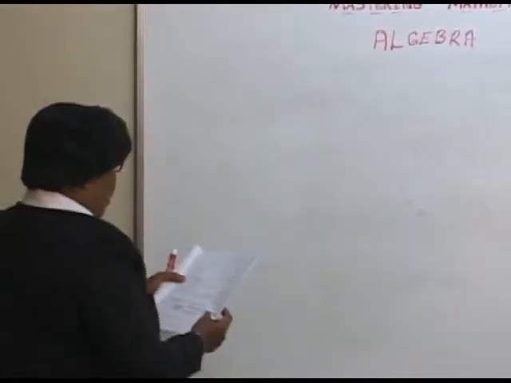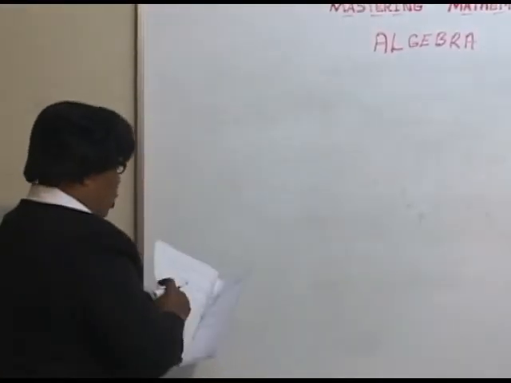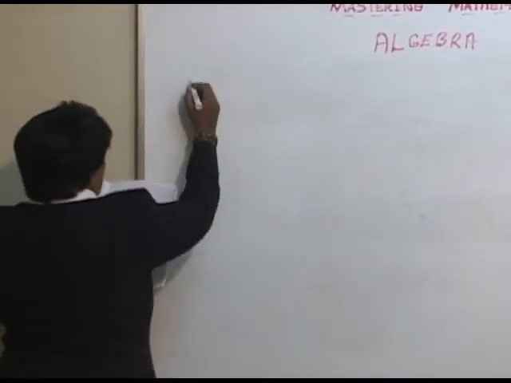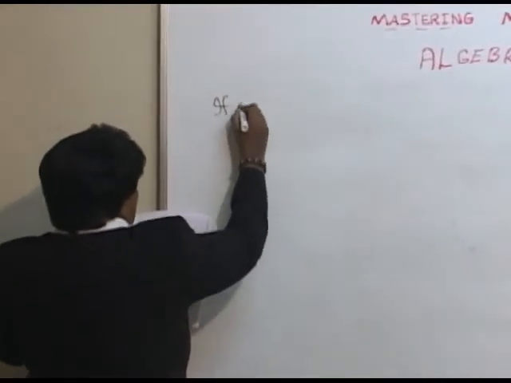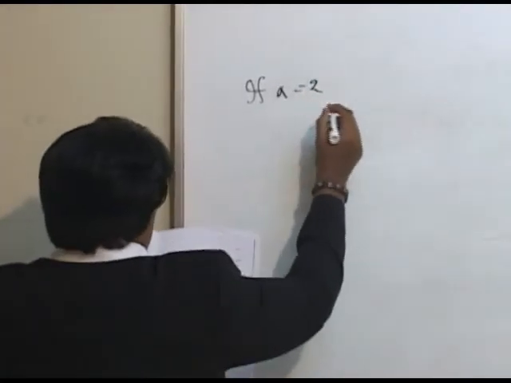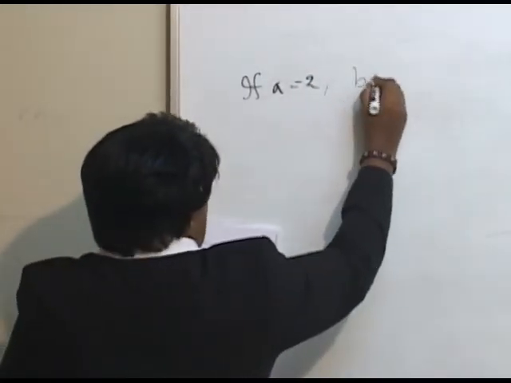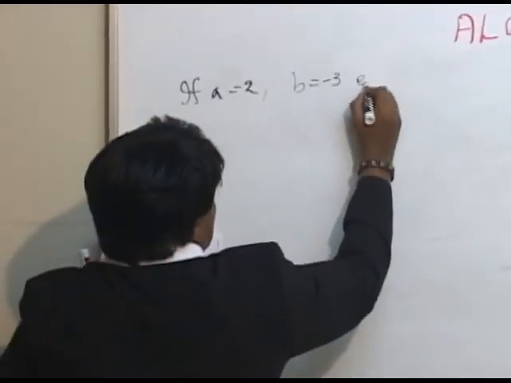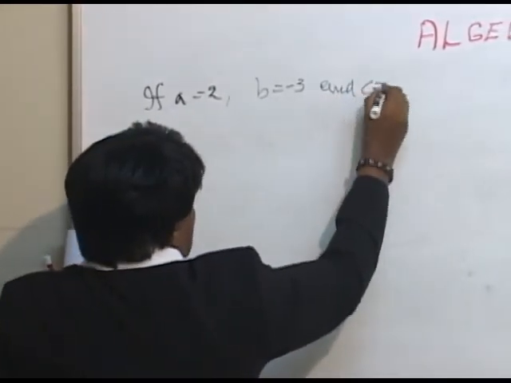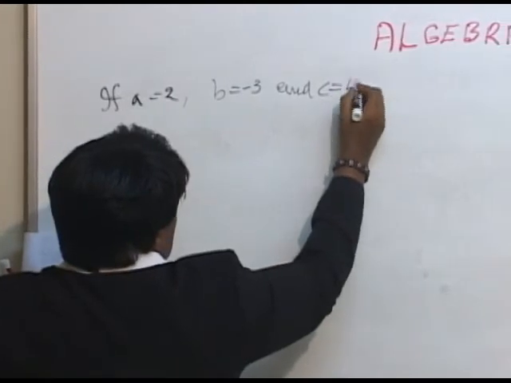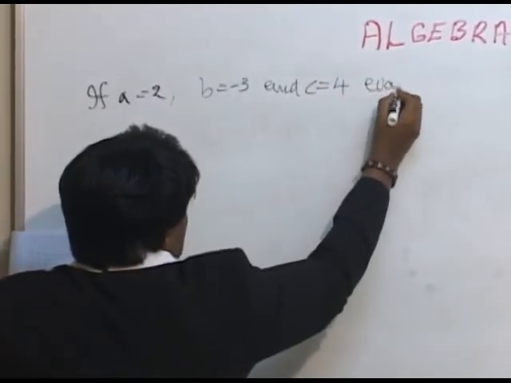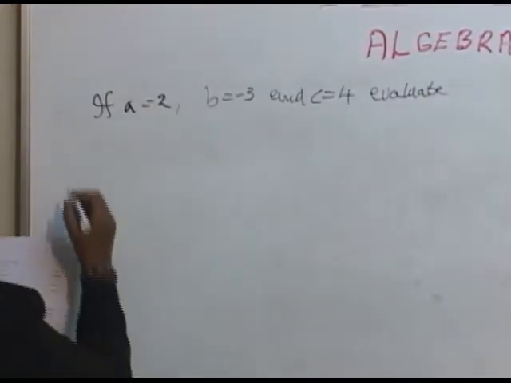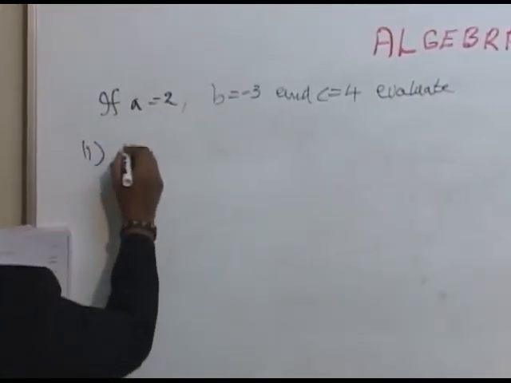So here we are with the January examination question. If A is equal to 2, B is equal to negative 3, and C is equal to 4, it says evaluate. And that word just means find the value of, and the expression, look at what we have.